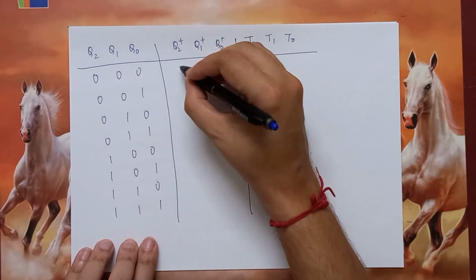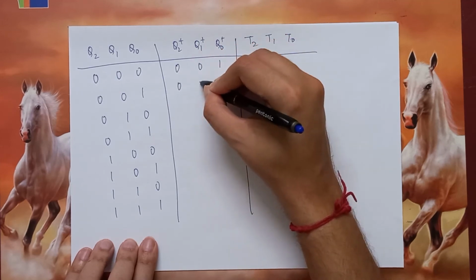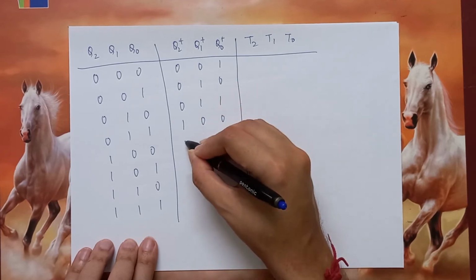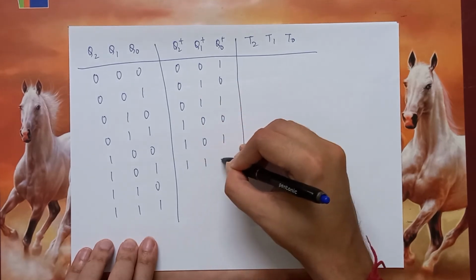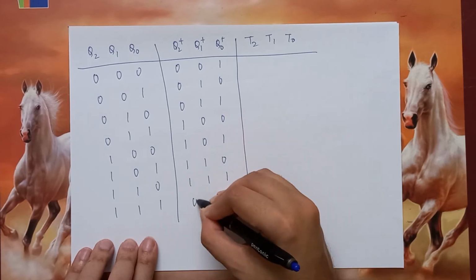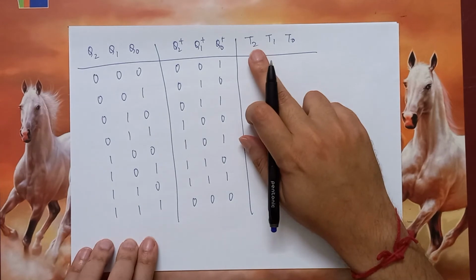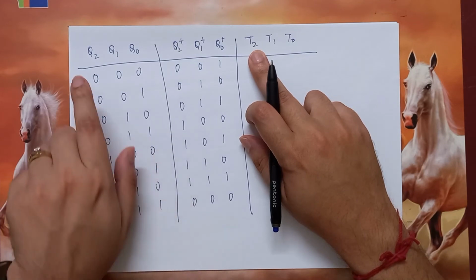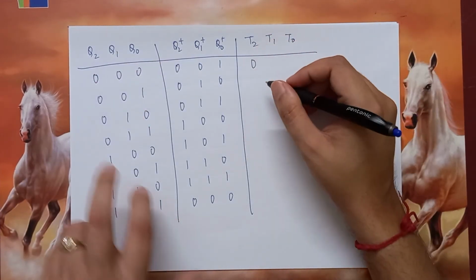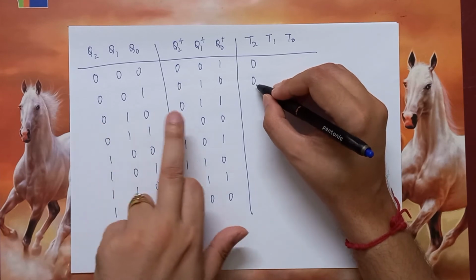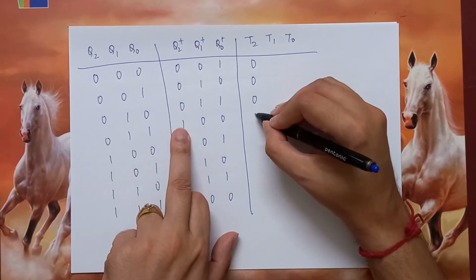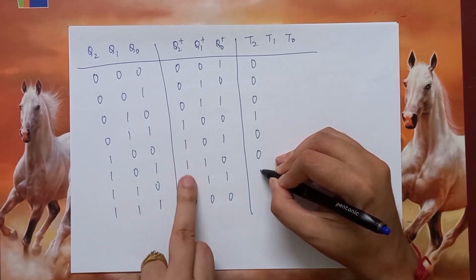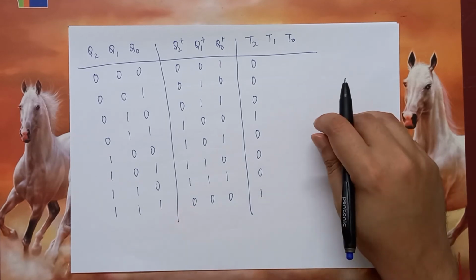So then after 0, the next state will be 1, then 2, then 3, then 4, then 5, then 6, then 7, and finally 0. Now to fill the column for T2, we need to look at Q2 and Q2 plus as per the excitation table. So 0, 0 means this will be 0, same state. 0, 0 means again 0, 0, 0 means again 0, 0, 1 means this will be 1, 1, 1 means again 0, again 0, again 0, now 1, 0 means 1.